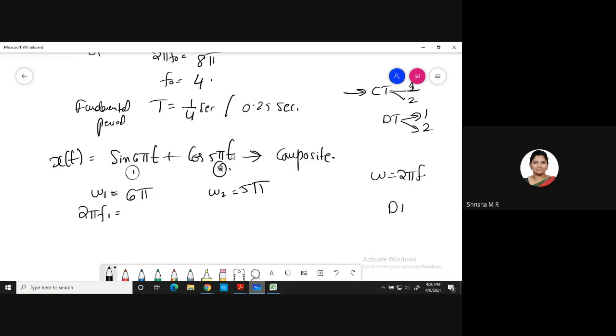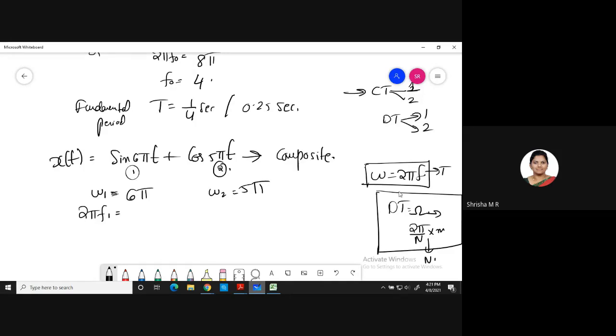Whereas in discrete time we take omega and try to express that in the form of 2 pi by n into m. In continuous time, omega is nothing but 2 pi f. From that f you will get T. Here from this you will get N. To summarize this, you can make note of this somewhere.